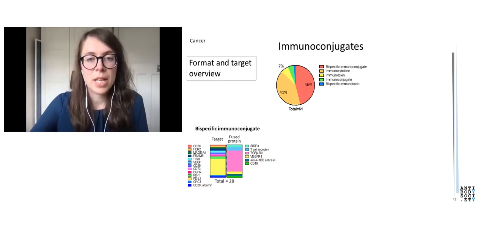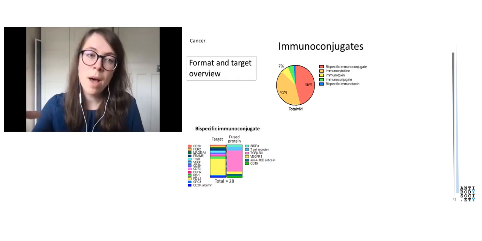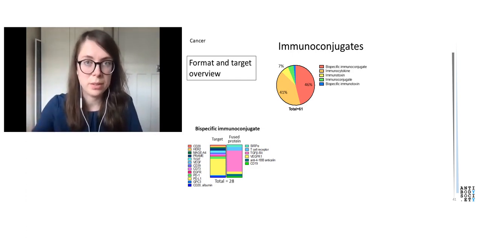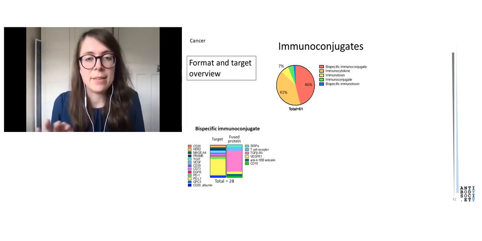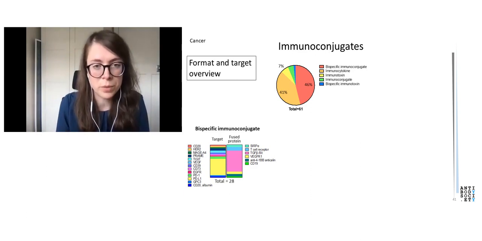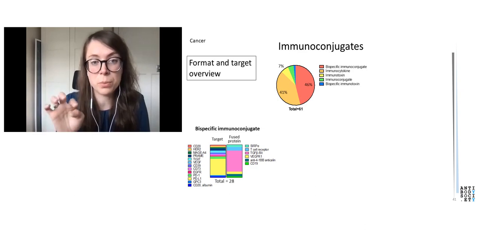Bispecific immunoconjugates are bispecific molecules which have one antigen binding site that is derived from an antibody molecule, antibody gene. And the other antigen binding site is instead the fused protein. And here I'm showing you on the left the targets of the antibody portion of this molecule, and on the right is the corresponding fused protein.